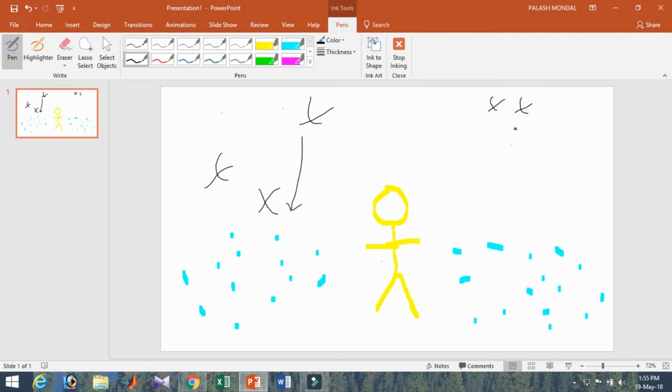A number of birds will come there to search for food or to take the food. In this way, within a few minutes a number of birds or crows will come to take the food. That is the example of birds.